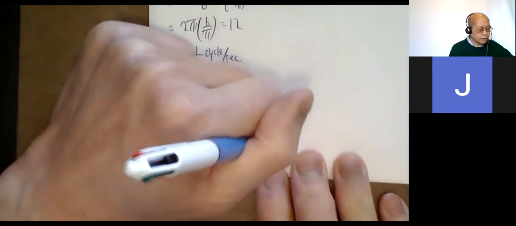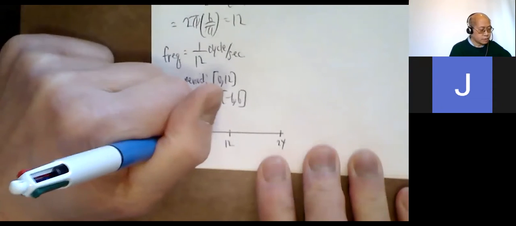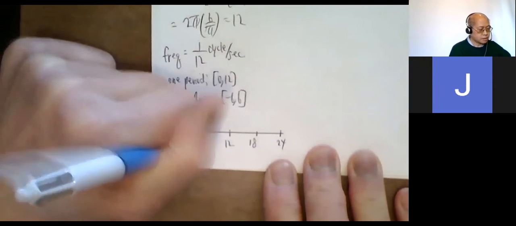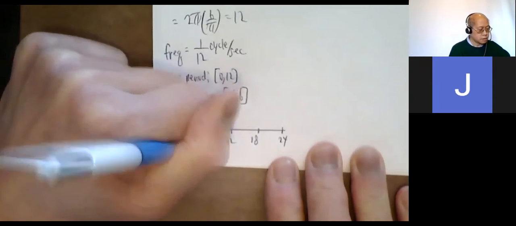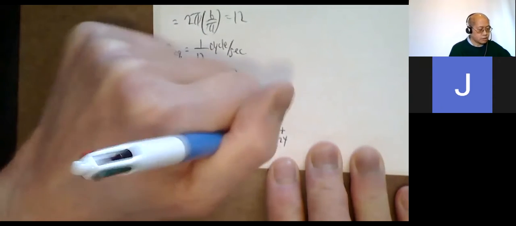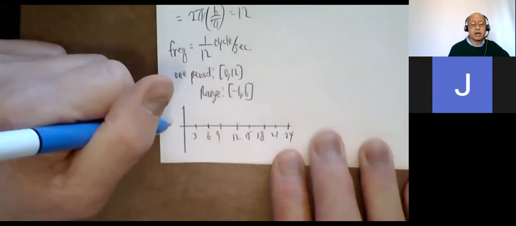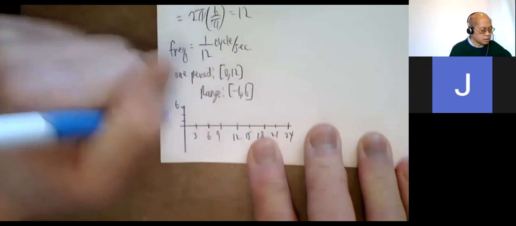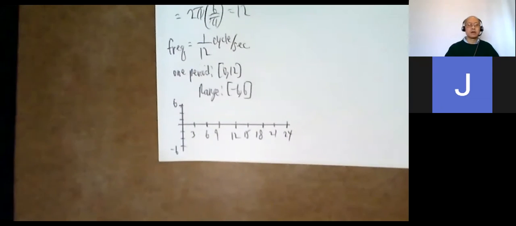They told me to go out to 24, say 24 hours a day. So that's 3, 6, 9, 12, 15, 18, 21. And rather than counting by ones, I'll go 2, 4, 6, -2, -4, -6.